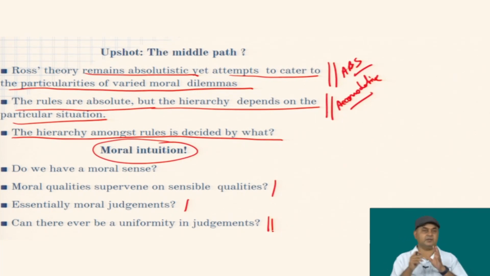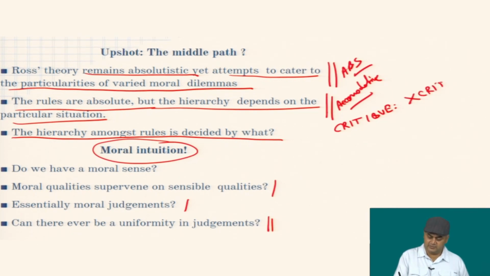Now, this is a question, an angle of critique that I leave open to you, because this is where you will sit in judgment on a theory, to critique it or to find the limits of it. Remember another crucial distinction: when the word critique is used, it does not mean criticize, rather it means to set the limits of.